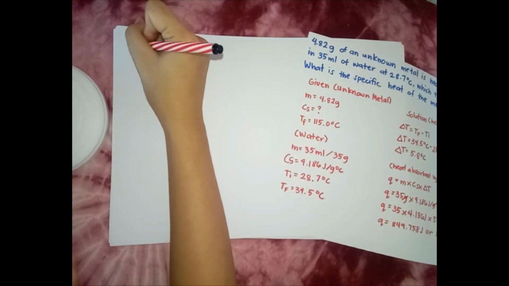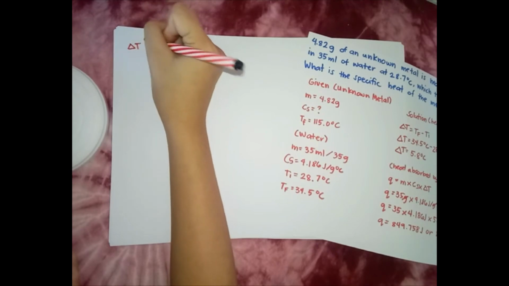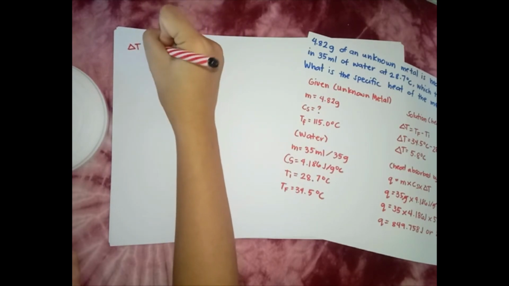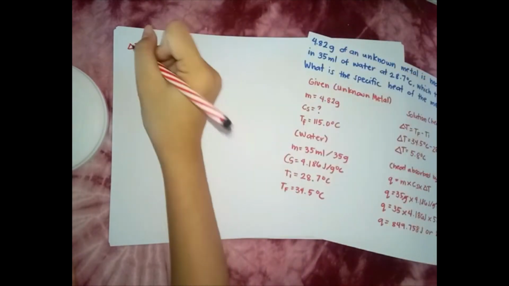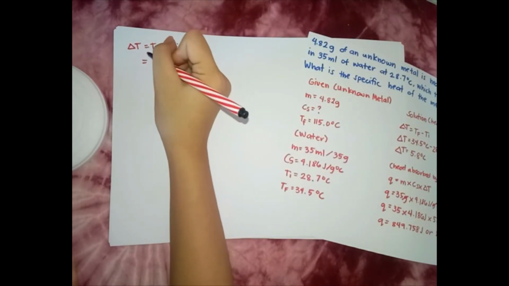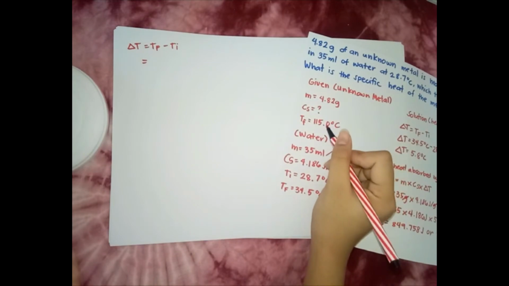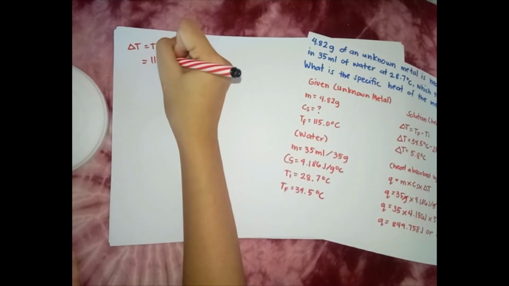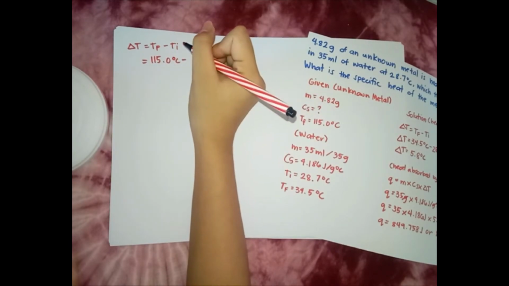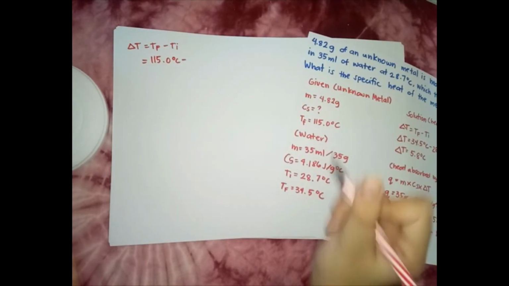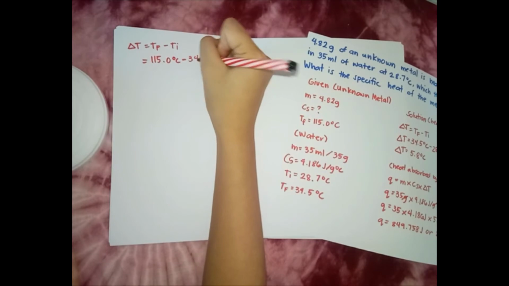We're going to use delta T equals the final temperature minus the initial temperature. We have here 115.0 degrees Celsius minus 34.5 degrees Celsius.